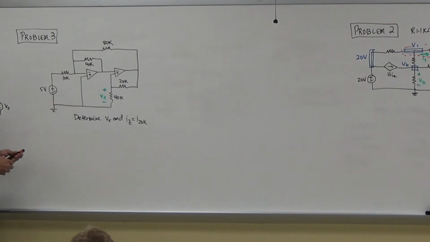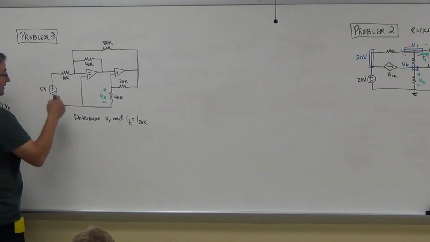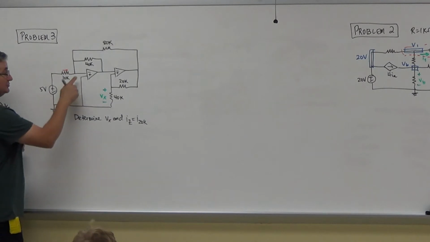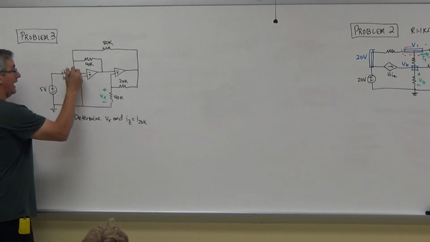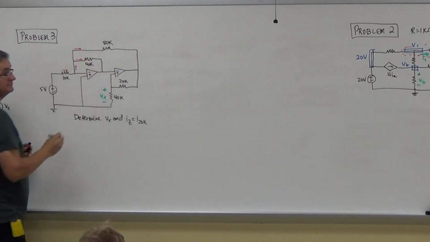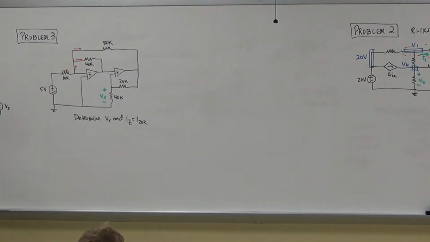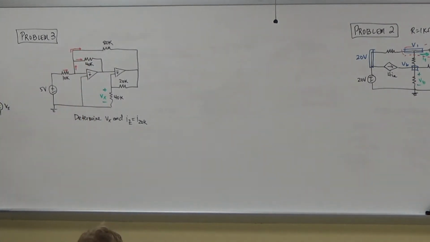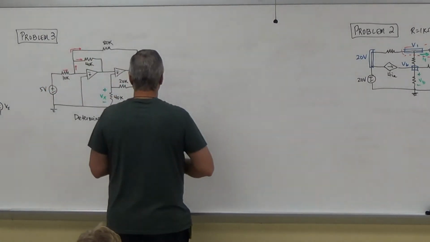So if I follow the current, we gotta agree that if this is ground right here, since there's no current there, then the current has to go up. And as it goes up, it splits right here, right? So what I'm doing here is sticking with my sign convention. So let's apply what I call simple circuits.